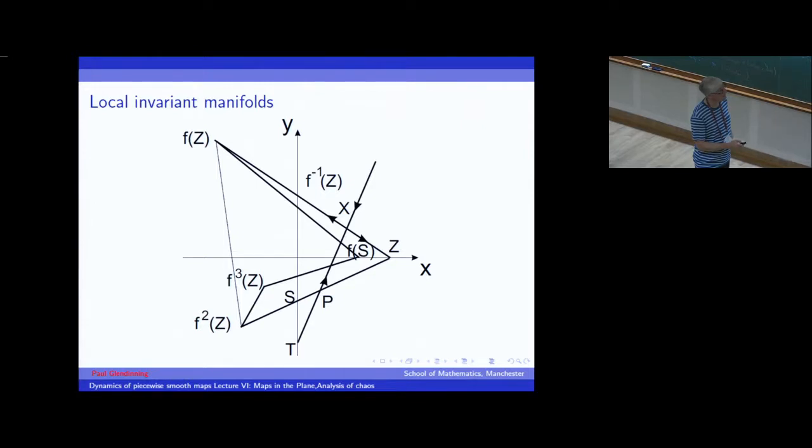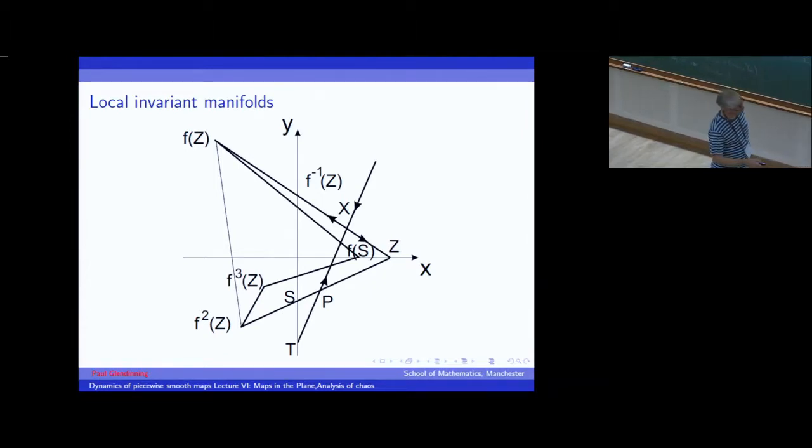Okay, x, z maps to x, f of z, under the map. So this whole bit, including the bit in x less than 0, is part of the unstable manifold of the point x.